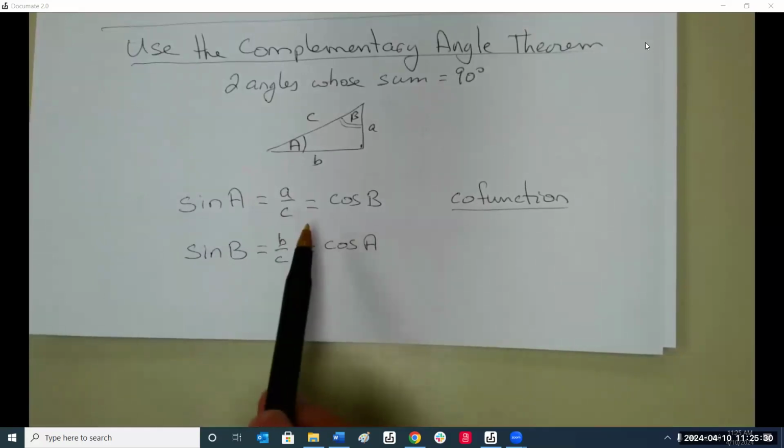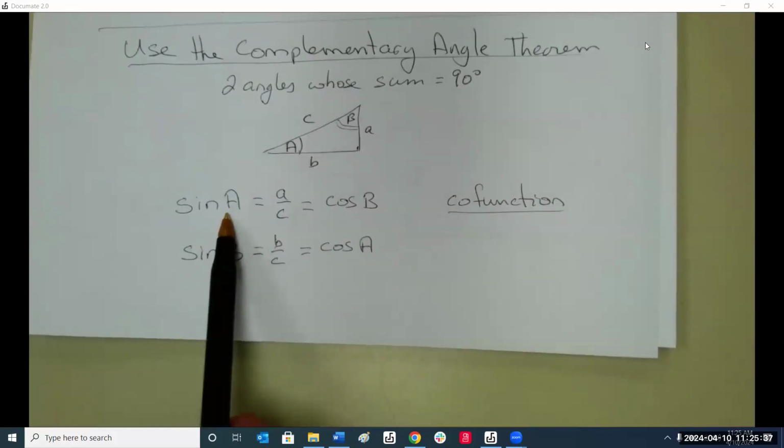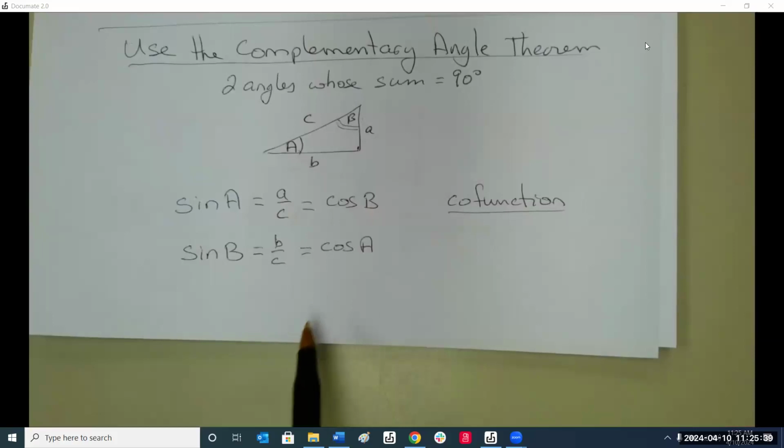With respect to which angle you're looking at, we'll get the same answer. So the sine of A is the cosine of B. Those are cofunctions of each other.